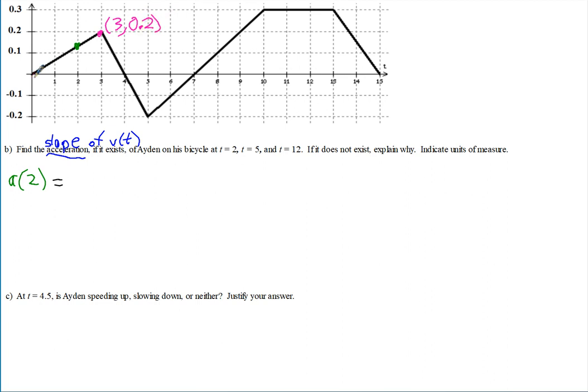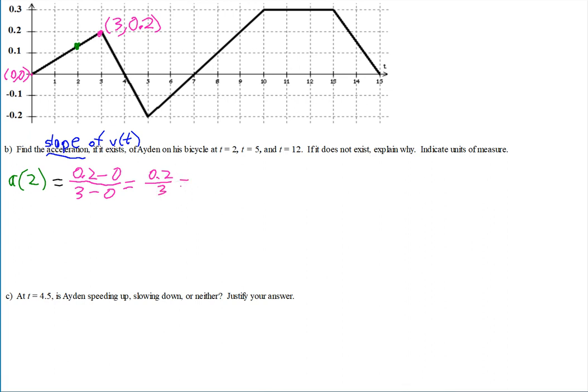And then this one's just 0, 0. And find the slope between those. So you can see the difference of the y's here, 0.2 minus 0, divided by the difference of the t's, which is like the x's here, 3 minus 0, gives you 0.2 divided by 3.